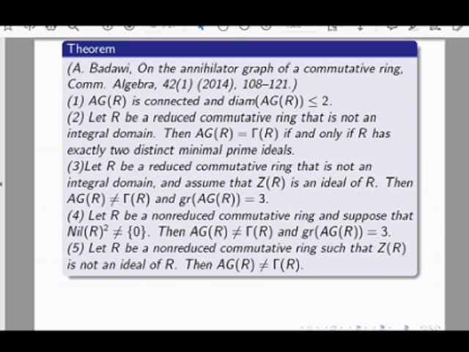If you have a ring with two distinct minimal prime ideals, then these two graphs will be identical. Okay? And here are some properties you can read, but please keep in mind this result is given for reduced rings when they are equal.